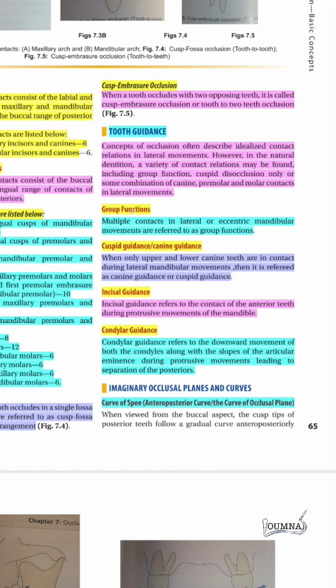The group function guidance is when there are multiple contacts in lateral or eccentric mandibular movements, but the cuspid or canine guidance is when only upper and lower canine teeth are in contact during lateral mandibular movements.